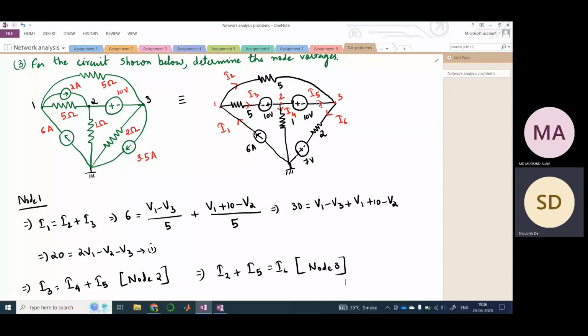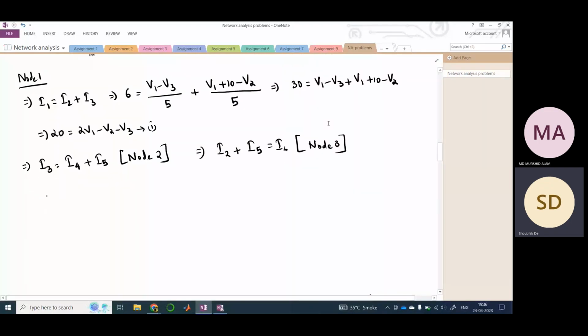Try to replace that, and your problem will be solved. If we write I5 equal to I6 minus I2 and replace it here, I3 is equal to I4 plus I6 minus I2. Therefore, taking it to the other side, this would be I2 plus I3 equal to I4 plus I6.